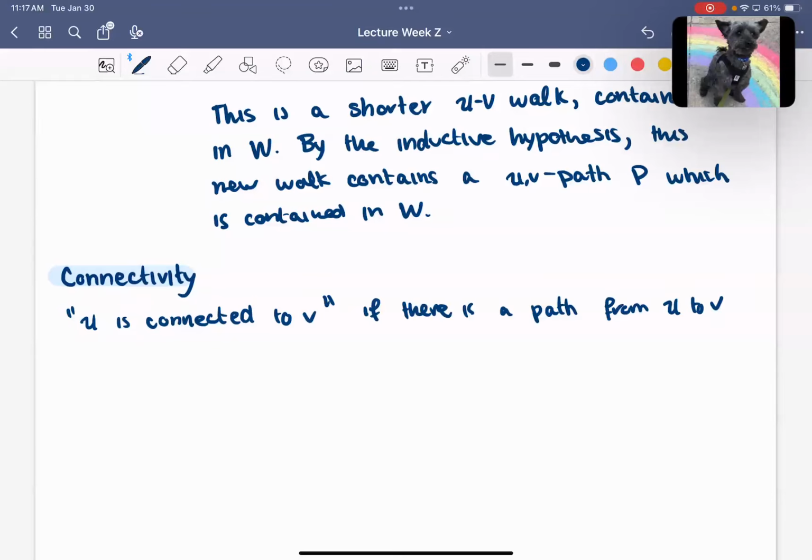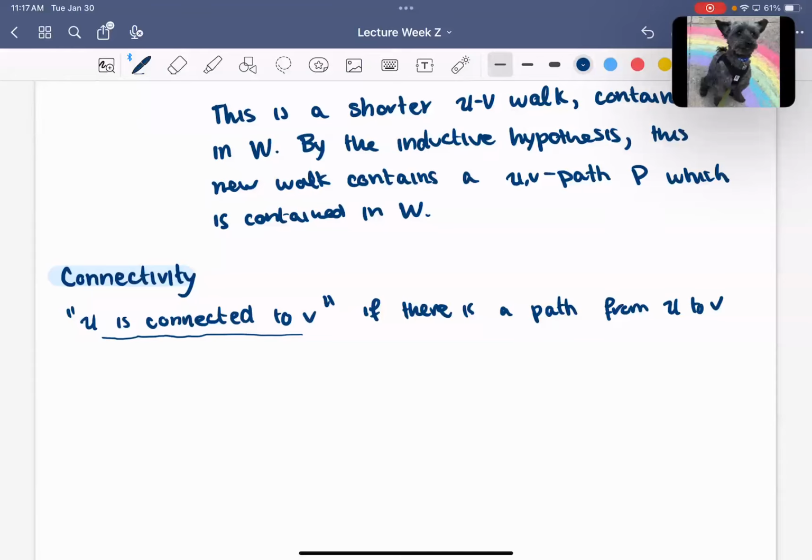Because this does not mean U and V share an edge, right? Intuitively, if U and V shared an edge, you might say they're connected. But this just means that there's a path from one to the other. Okay.